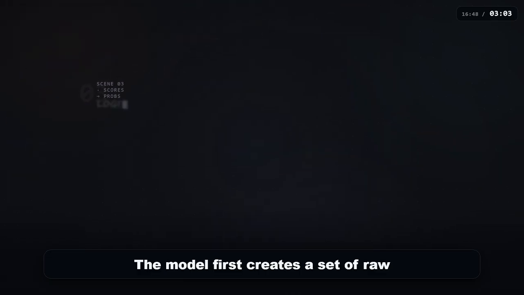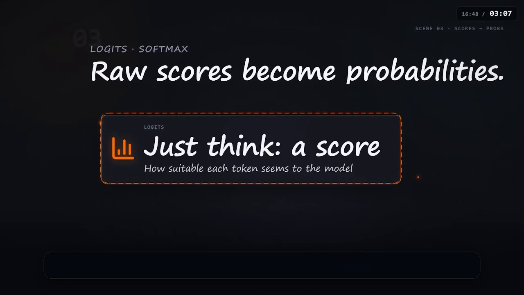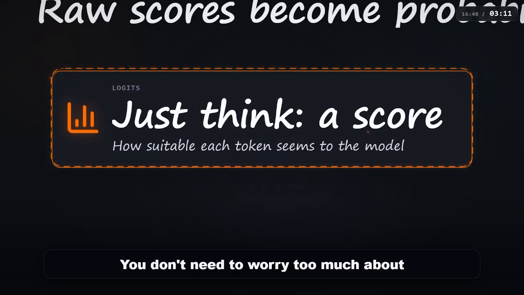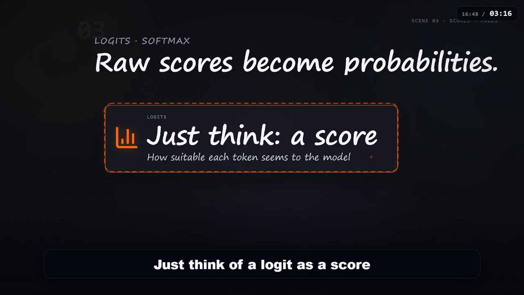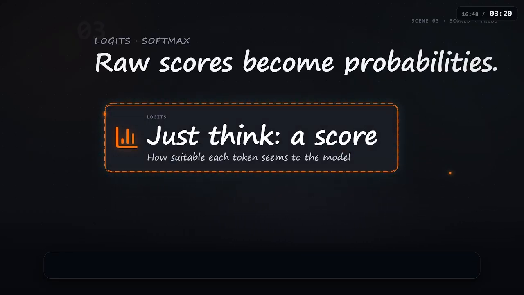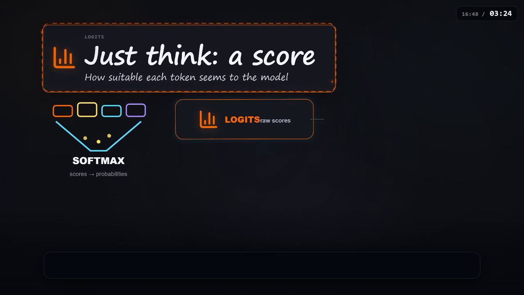The model first creates a set of raw scores for all possible tokens. These raw scores are called logits. You don't need to worry too much about the name. Just think of a logit as a score showing how suitable each token seems to the model. Then those scores go through a function called Softmax.